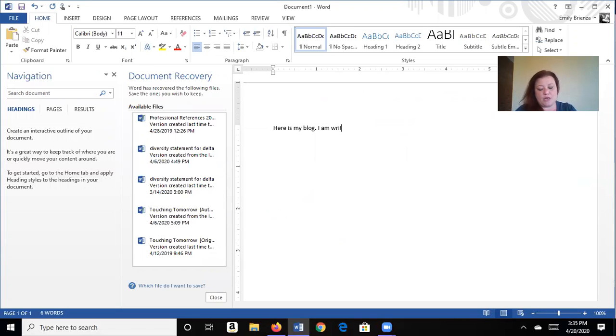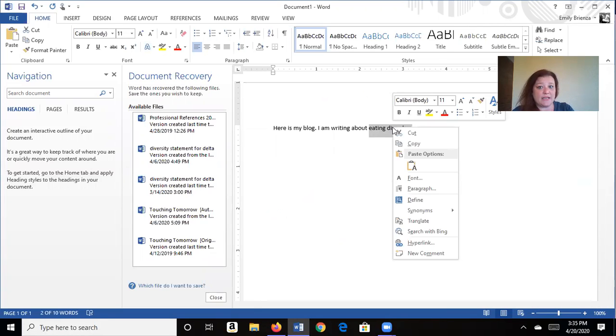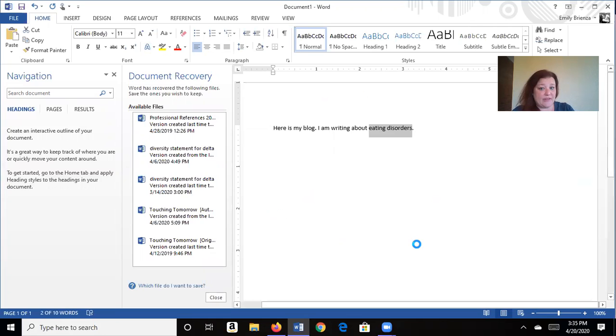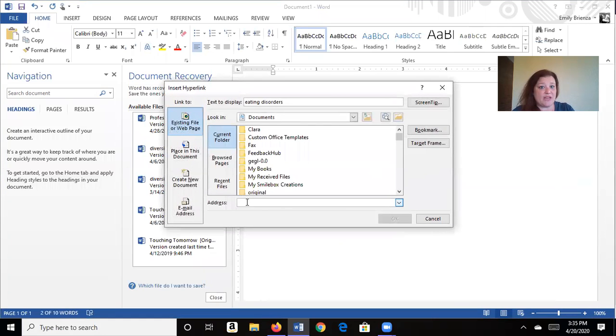I am writing about eating disorders. And now, maybe I want eating disorders to be linked to something. So I highlighted it. I'm going to right click and add a hyperlink. This is where I'm going to add the address.